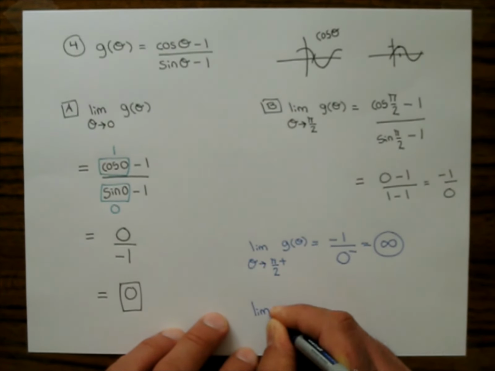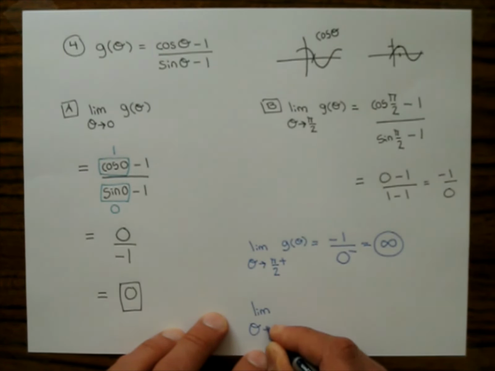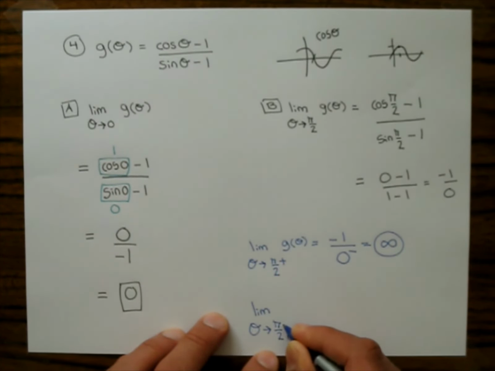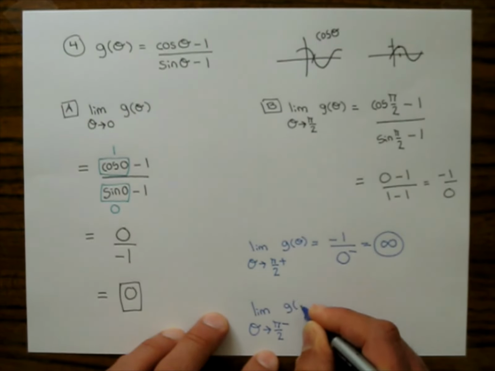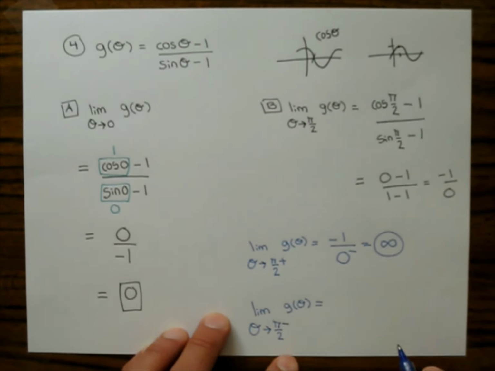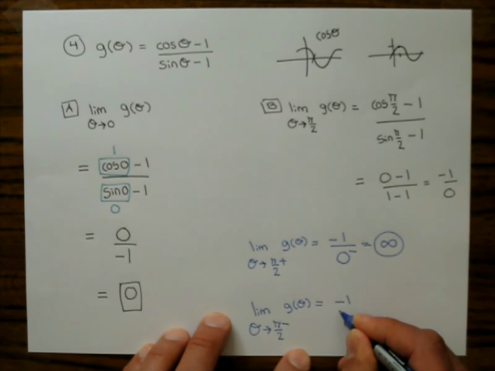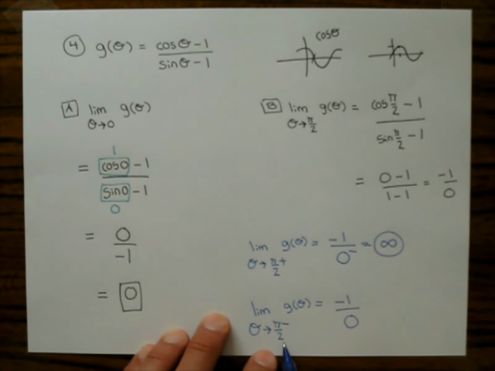Let's go ahead and look at the limit as theta approaches pi halves from the left. You have -1 on the top, and on the bottom you're going to have 0, but let's see if it's going to be a very small negative number or a very small positive number.